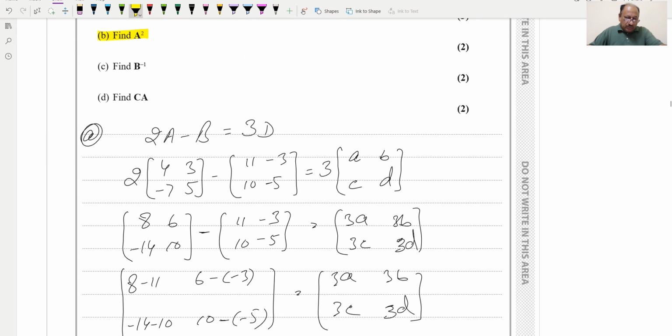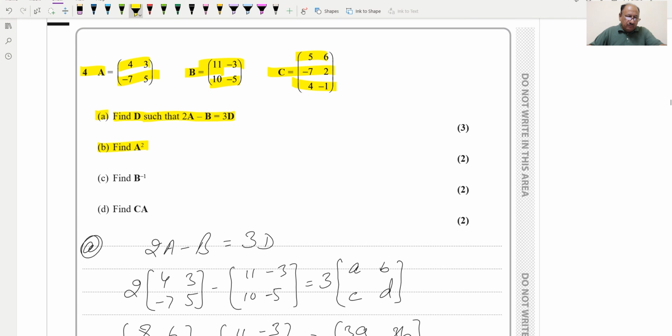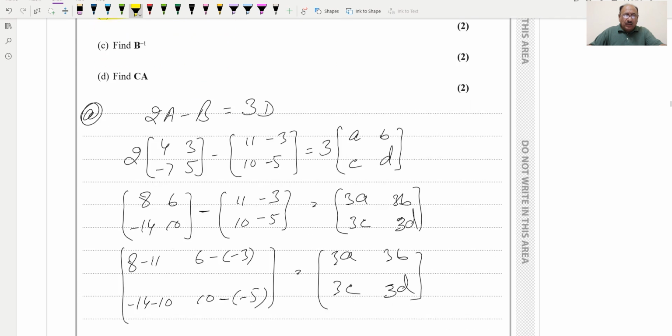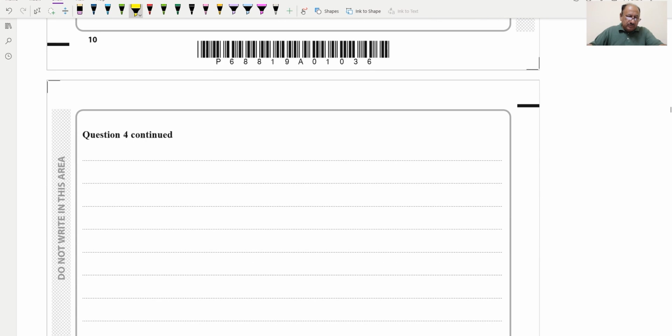The B part says find A inverse, A square. So for A square, we will be writing the A matrix. A is given 4, 3, minus 7 and 5, and we multiply it with itself. A square will be equal to A multiplied by A. So 4, minus 7, 3 and 5, multiplied by itself.